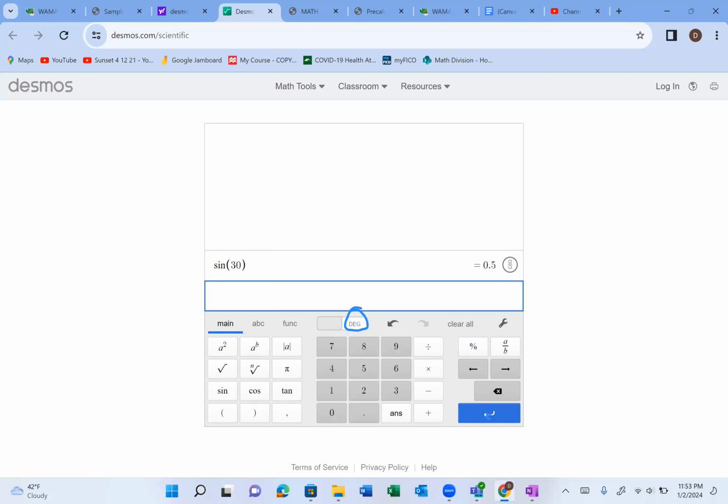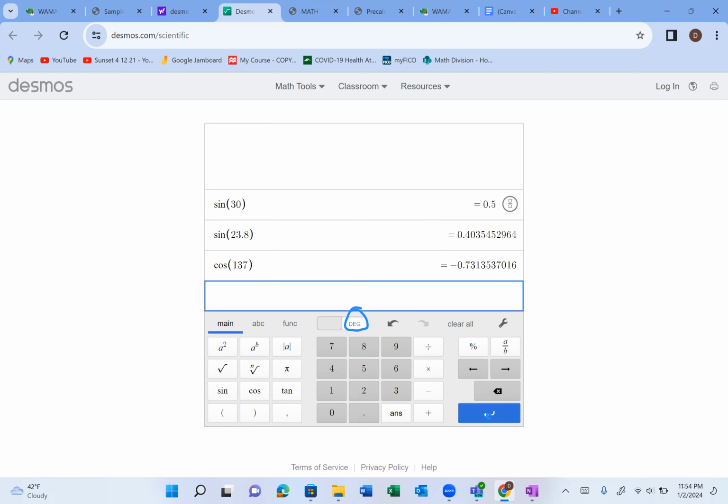If I need the sine of 23.8 degrees, I can just do sine 23.8, and it gives me the value. Cosine of 137 degrees would be this negative 0.731.